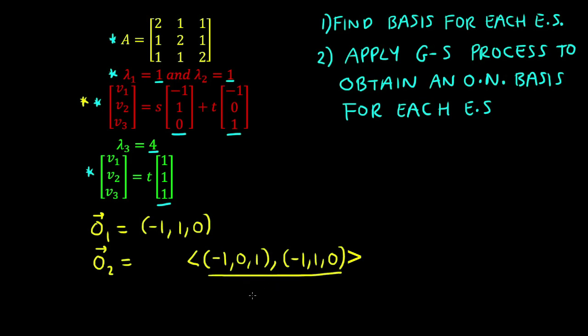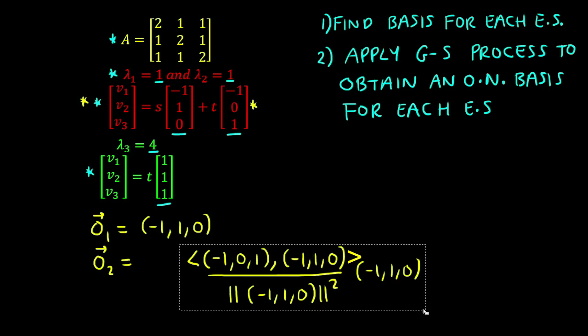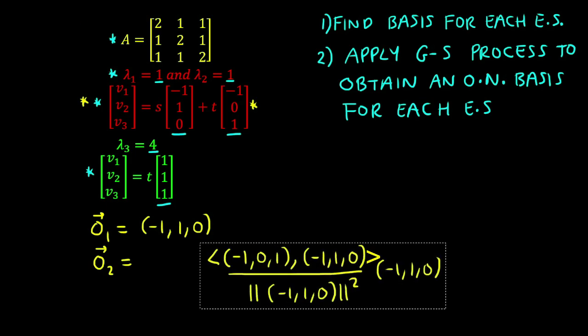And this is divided by the squared norm of O1 and in the direction of O1. And therefore, to obtain a perpendicular vector to O1, we subtract the projected component of this basis vector onto O1 from this basis vector. So this gives the orthogonal component to O1.